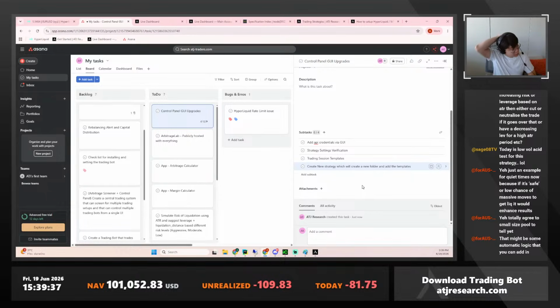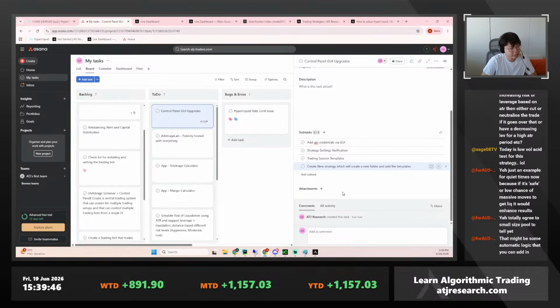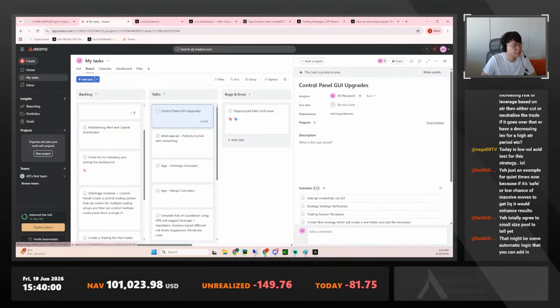So this would copy all the files from the template folder. Maybe we should make a forex template and then an index template. But these three things we can do today, and then the GUI part I'm going to do off stream when I test the API credentials later. Okay, so let's do the verification.